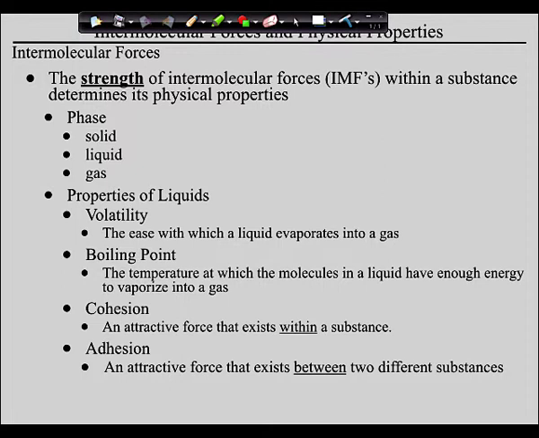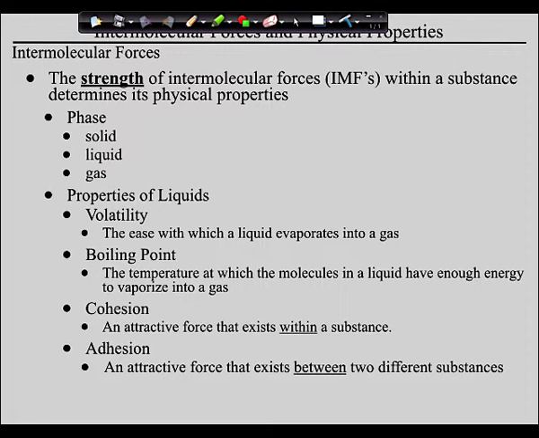I think in biology you learn about capillary action, maybe. That's the result of adhesive forces. So guys, there you have it. That's our laundry list for today.